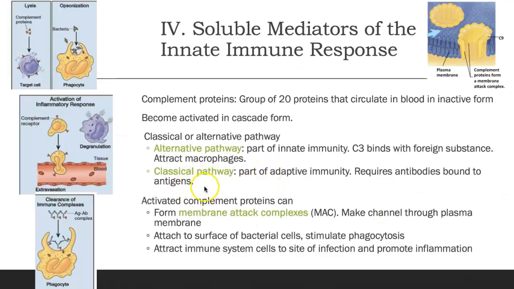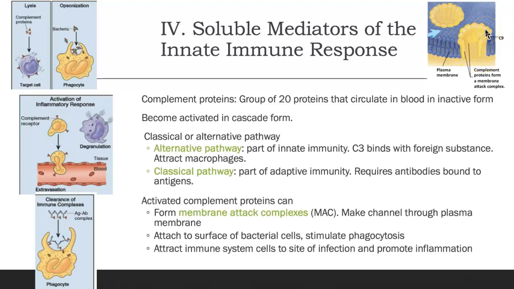Our classical pathway is a part of our adaptive immunity, and this requires antibodies bound to the antigens. So essentially what's going to happen is we have our complement proteins work together to eventually form what is known as a MAC complex.